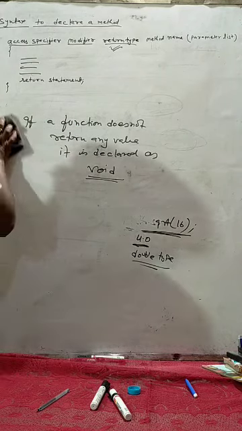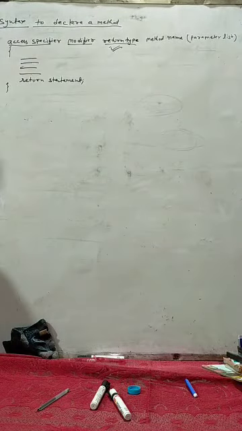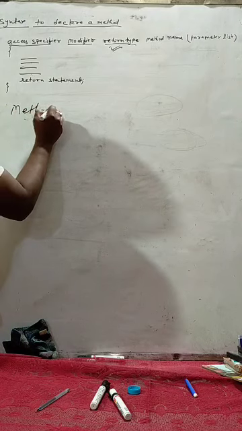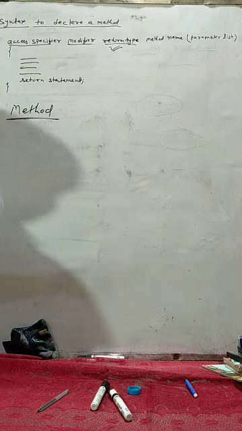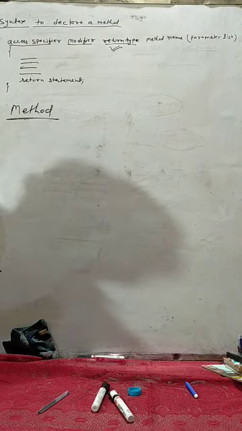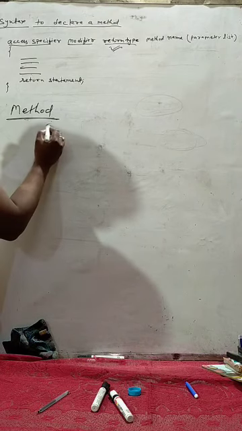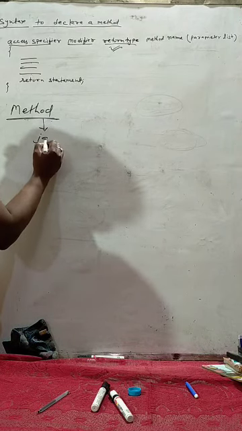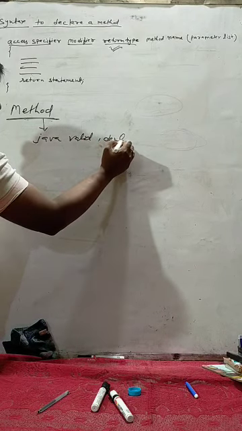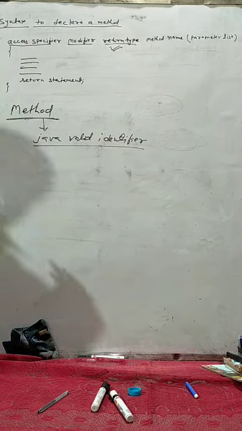Okay. Next is method name. In the Java language or any other programming language, a method is always called by its name. So a method name is any valid Java identifier.